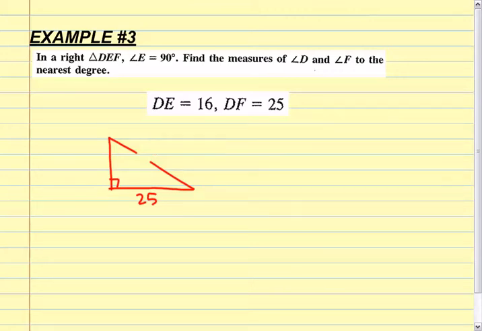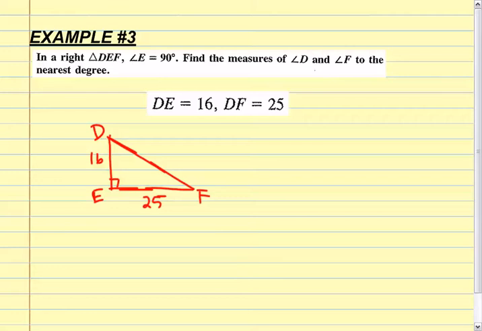I figured they'd let the last letter of the 3 be the right angle, but they said that E is 90 degrees. So we'll make this D and this F. It says that DE is 16 and DF is 25. It says find the measures of angle D and F to the nearest degree.